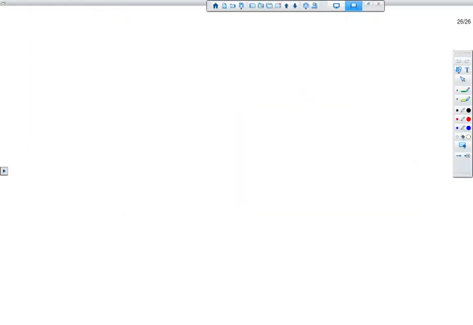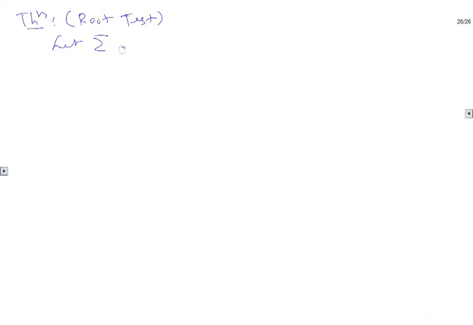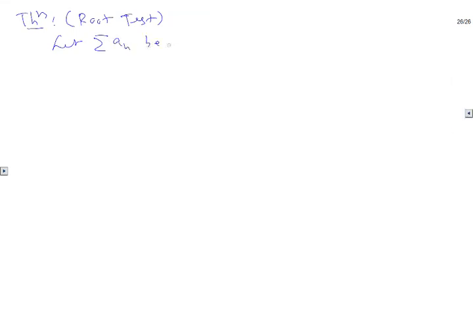That's the root test. So, theorem, root test. What is the root test about? So let's write it. Let sigma a n be a series, then as before there are three cases.